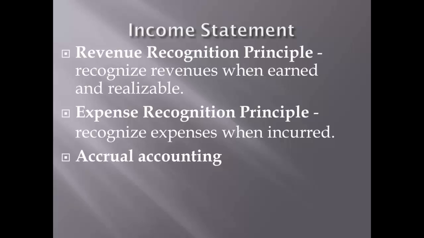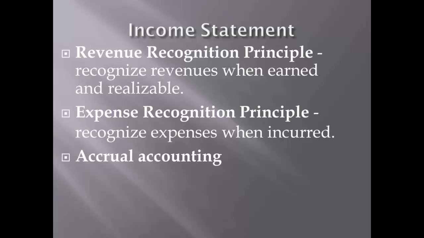Now, the right of return period should have elapsed, or the returns should be estimated by the company with some certainty, and the returns will be subtracted. That is, the estimated returns will be subtracted to get net sales.